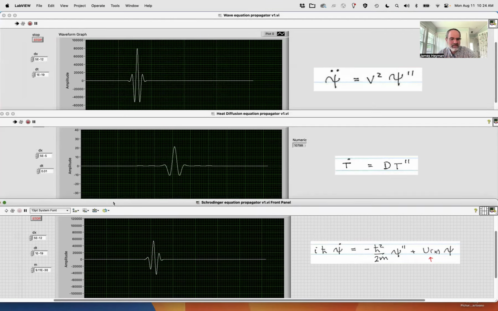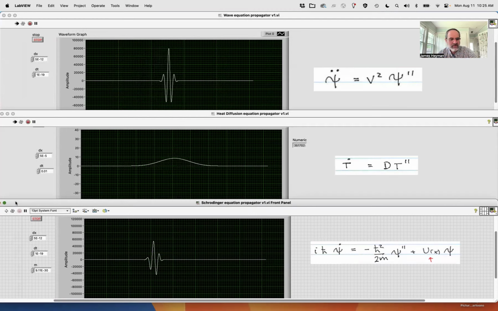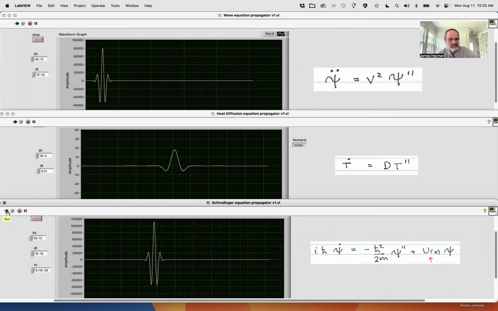Now, finally, let's come to the one we're really interested in, Schrodinger's equation, which describes the behavior of matter waves. And here we're going to be numerically integrating this. In this case, the potential energy is going to be zero. That is, we're talking about a free particle. All right? Let's go ahead.